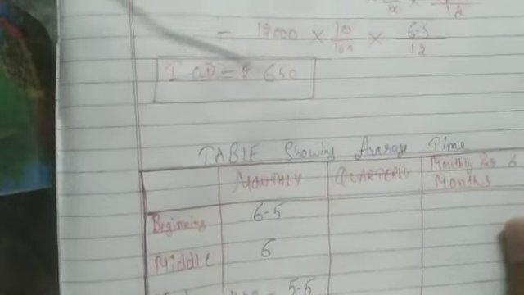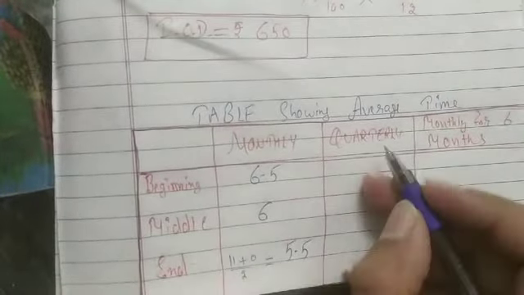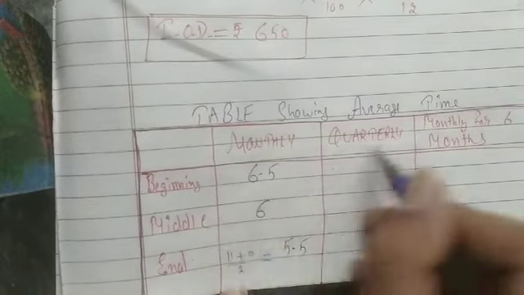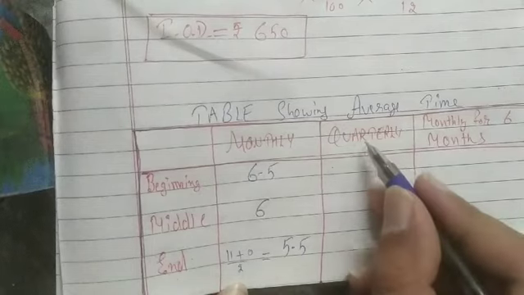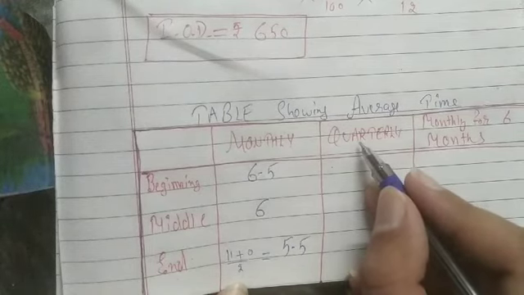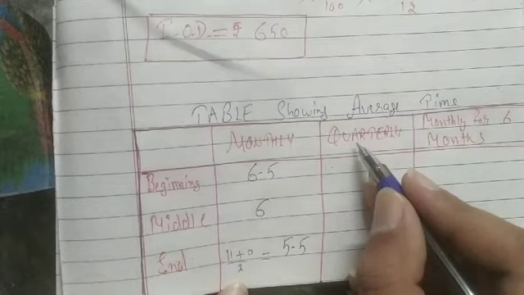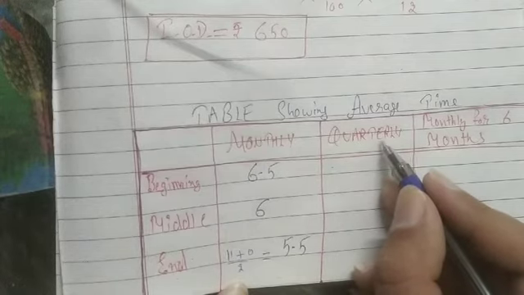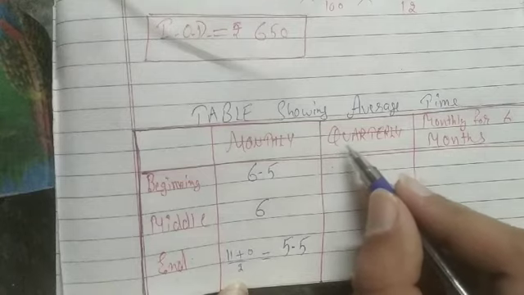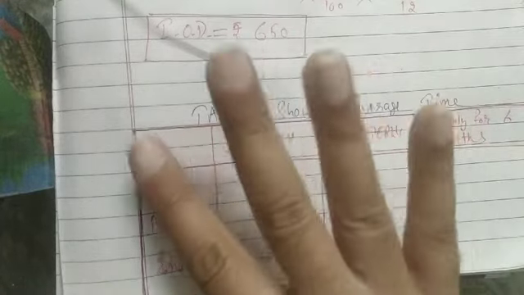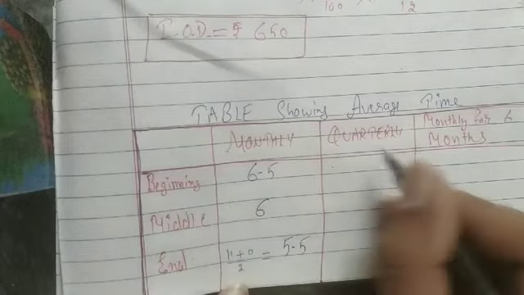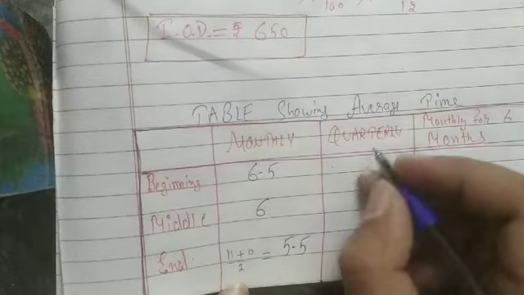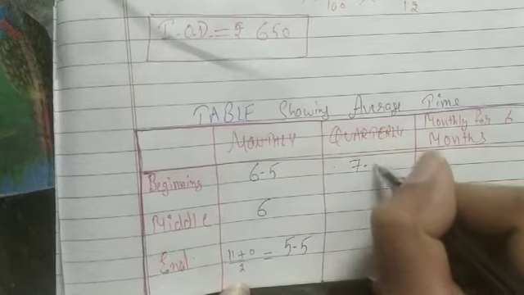Fine. Similarly, he may have made drawings quarterly, in the beginning of every quarter or in the middle of every quarter, in the end of every quarter. Now you all know quarter means 3 months. How many quarters are there in the year? 4 quarters. Each quarter has 3 months. So if he is making in the beginning of every quarter, his average time will be 7.5 months.